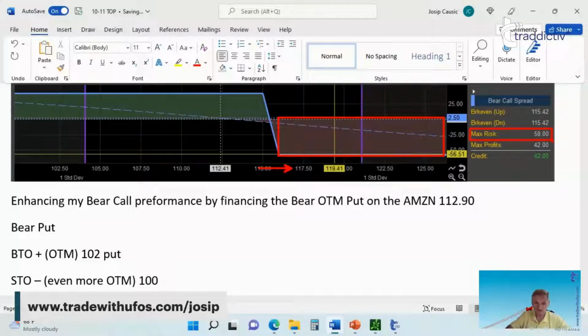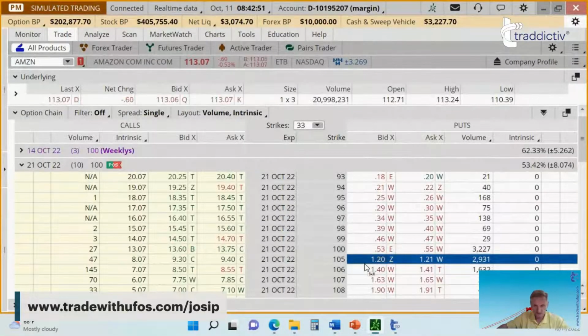Okay, so both of these puts are out of the money, and this bear put is a debit of about, I don't know, 68 cents. I'm sorry, I think I was wrong, because they didn't have the price of 102. That's right. They only had the price of the 105.